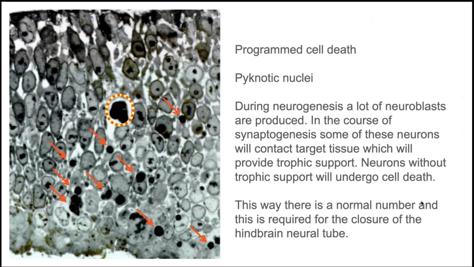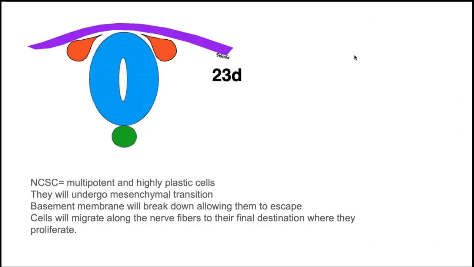The neurons that were unable to contact their target tissue will not have trophic support and are going to undergo cell death. And this way, there's going to be a normal number of neuroblasts, and this is also required for the closure of the hindbrain of the neural tube, which you guys will see later.